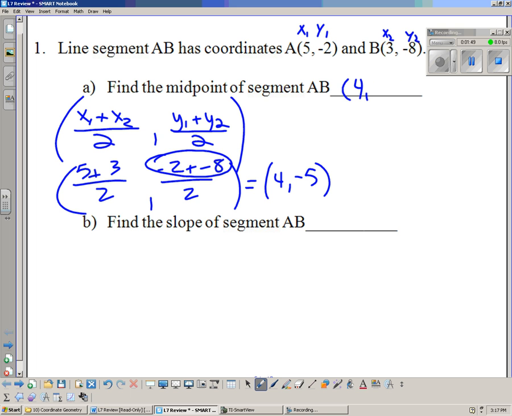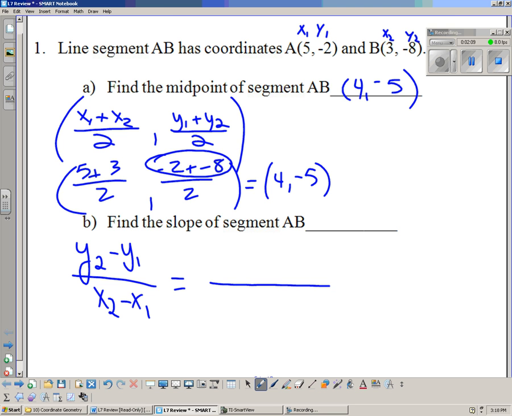There's your midpoint. Okay? Find the slope of line segment AB. You got to know the slope formula. If you don't know the slope formula, it's going to be tough for you tomorrow. y2 minus y1 over x2 minus x1. Got to know that by heart. Remember, my analogy for slope is when the bell rings, you get up first. That's the y direction. That happens first.